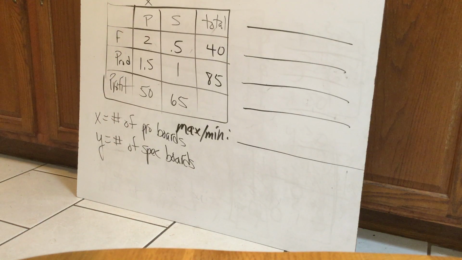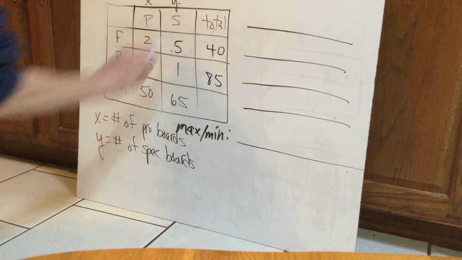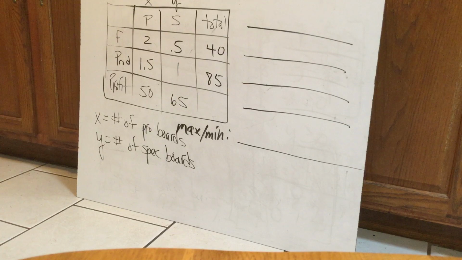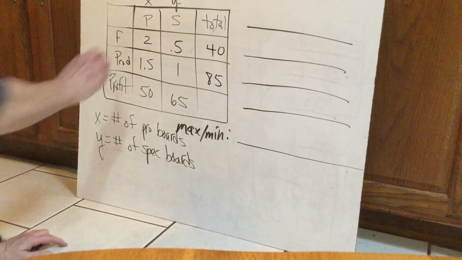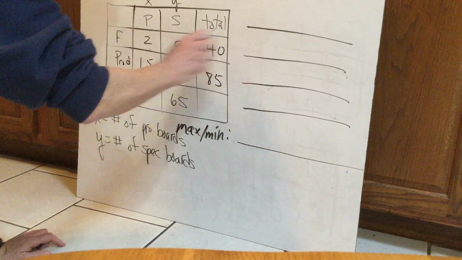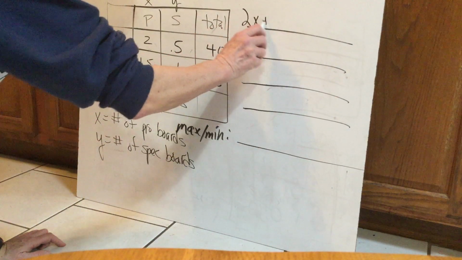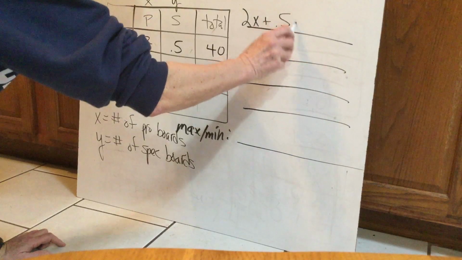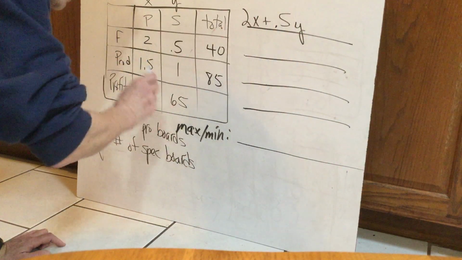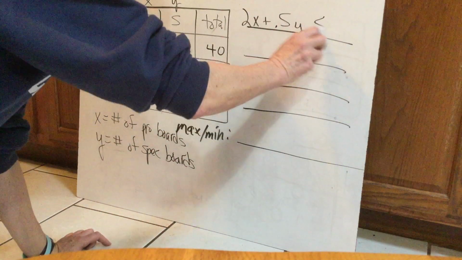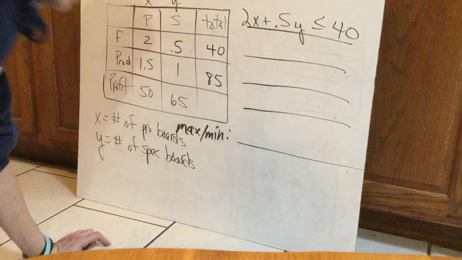Again, the question at the end gives you the clue. How many of each type should be made? That's what you're trying to figure out. That's your X and your Y. Okay, so here's our X, here's our Y. All right, what do your equations look like? Right here's one. 2x plus 1/2 y, and you can write that with a fraction or a decimal, it doesn't matter, is less than or equal to 40.